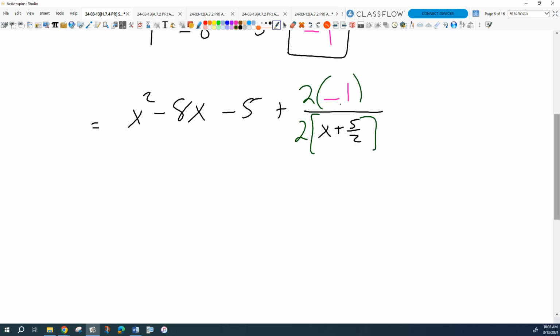So then my final answer doesn't change the polynomial part, but my fraction now looks like, let's put the negative out front. Plus -2 on the top is the same as minus 2 over 2x plus 5. Putting the negative out front is okay to do, isn't it?